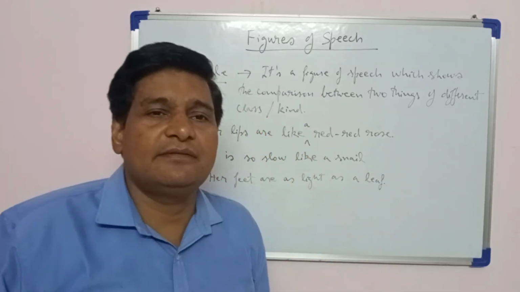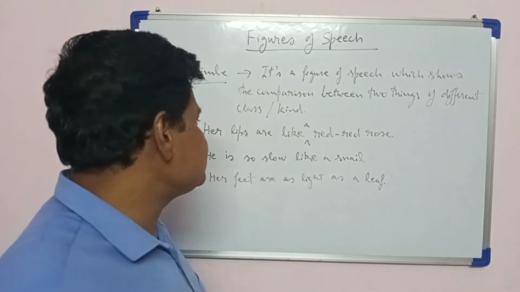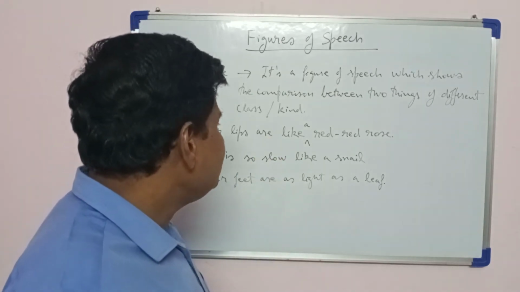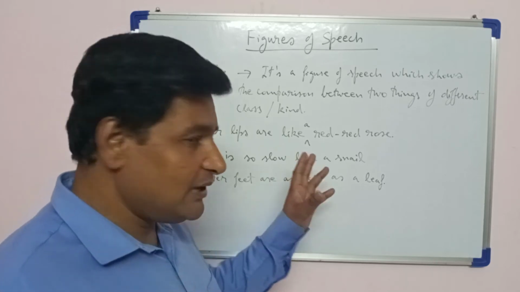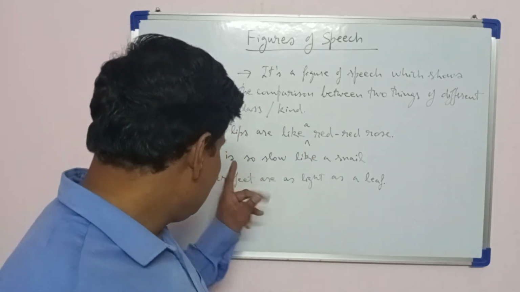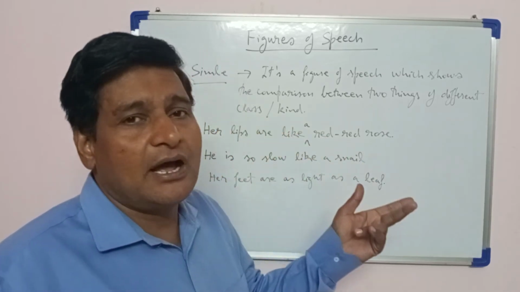So these are a few examples of simile, and why there is simile I have already told you, that there is a comparison between things of different class.